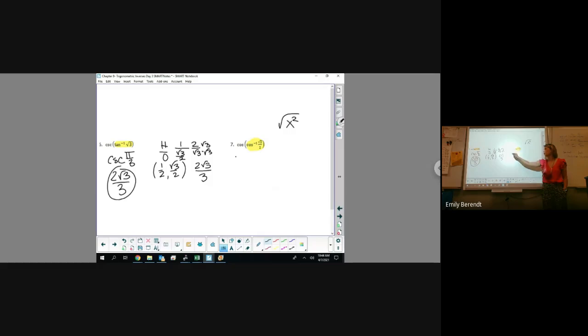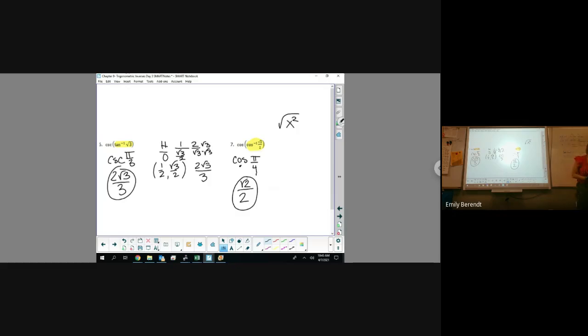So now we're going to have normal cosine of pi over 4. So normal trig word followed by an angle gets replaced with a what? A ratio. So now you're asking yourself, what is the x value at pi over 4? What is the x at pi over 4? Root 2 over 2. What? Crazy math.